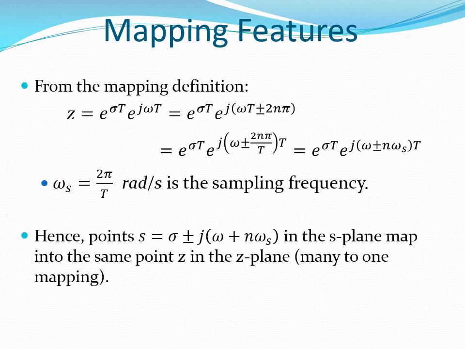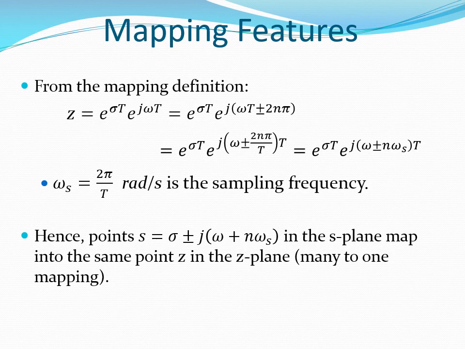From the definition of mapping and from the fact that S is a complex number, we can express Z as a product of two exponential terms. The first term is an exponent being a real number. The second term is an exponent being an imaginary number.